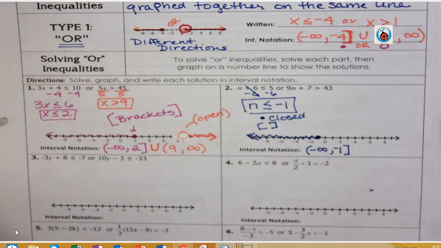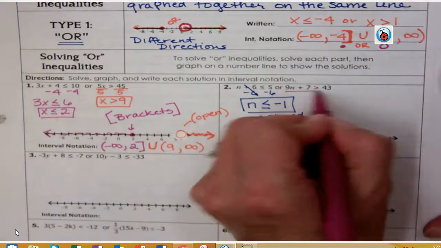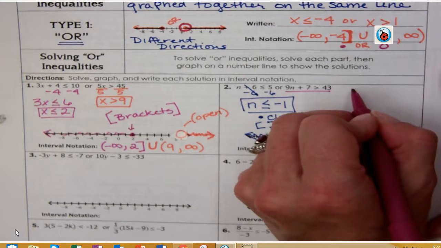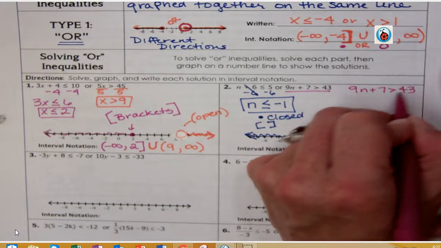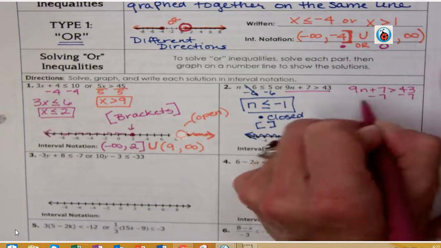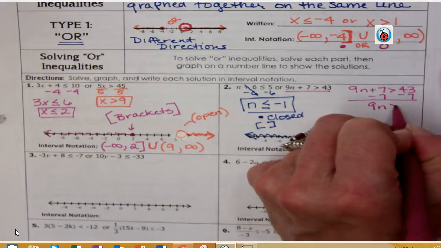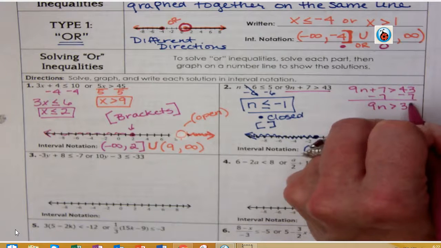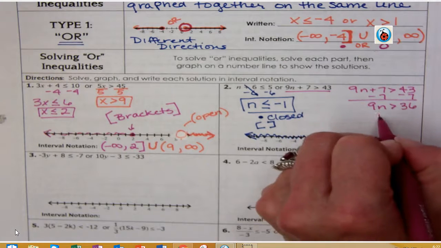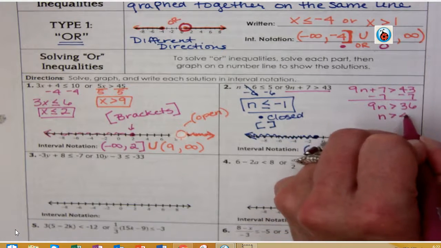For the next inequality, 9n plus 7 greater than 43. Subtract 7 from both sides. 9n is greater than 43 minus 7, which is 36. Divide by 9, you get 4.